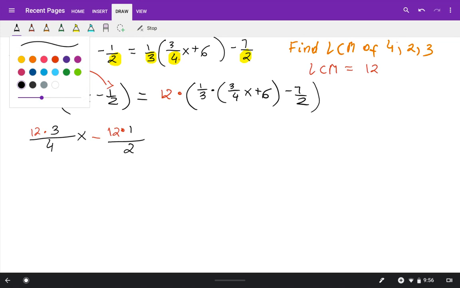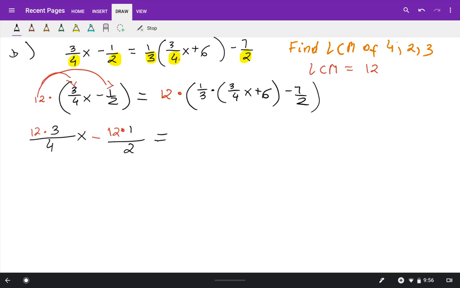Now on the right side, let's simplify. I'm going to copy that 12. And first, I'm going to simplify those parentheses first, okay?